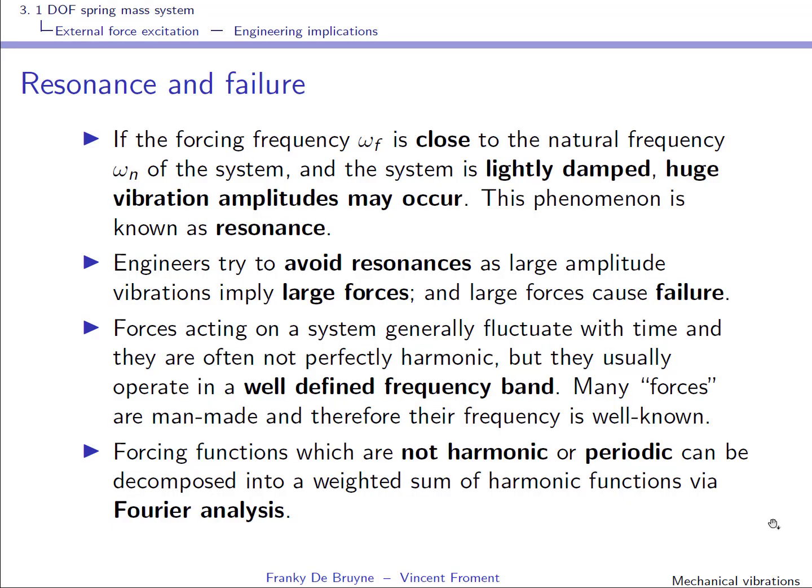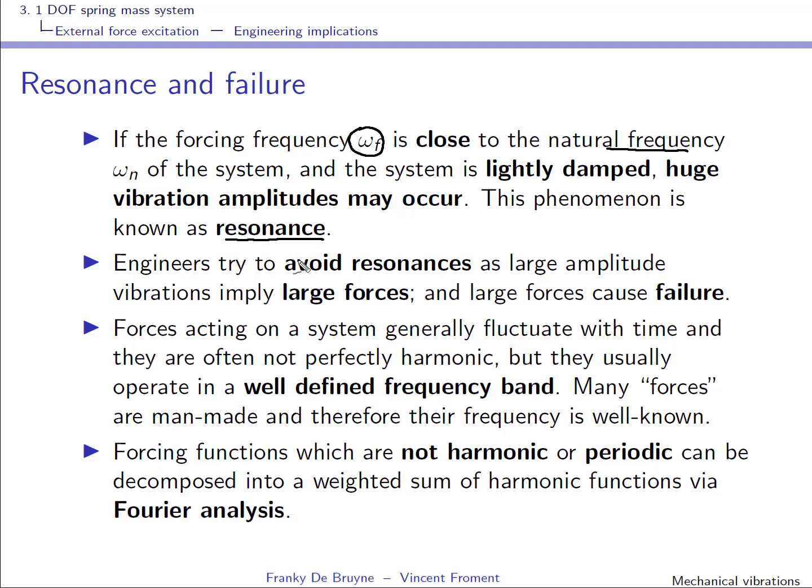Well, we can now start looking at the engineering implications of what we have just seen, and one implication is that, well, if the forcing frequency of your external force, omega f, is close to the natural frequency of the system, you'll have a phenomenon that is called resonance.